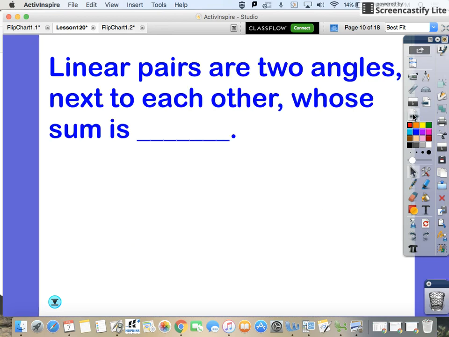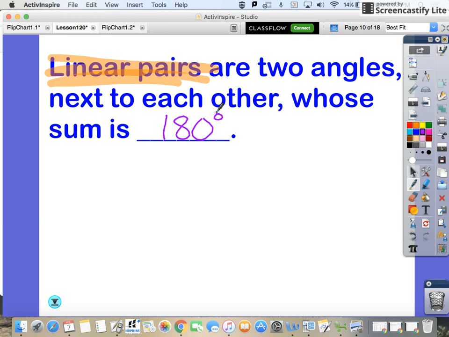All right, now linear pairs. Linear pairs are two angles that make a line. And if you guys remember, a line has 180 degrees.